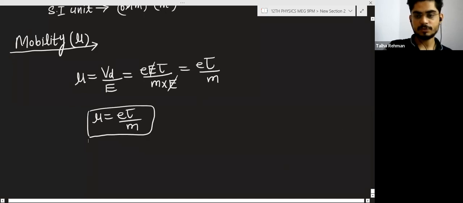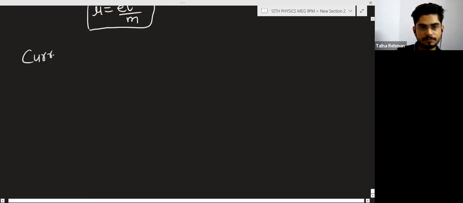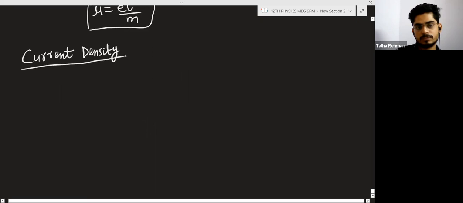Now there is another term known as current density. This is represented by J, and current density is equal to current divided by area.